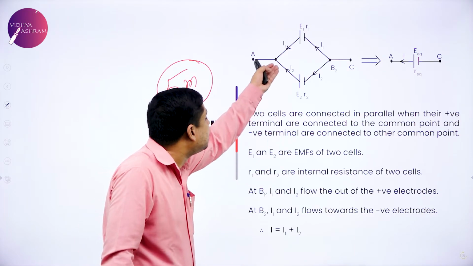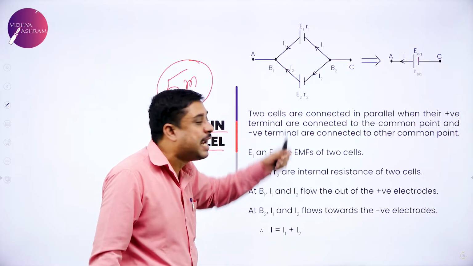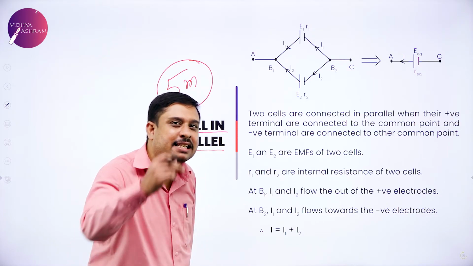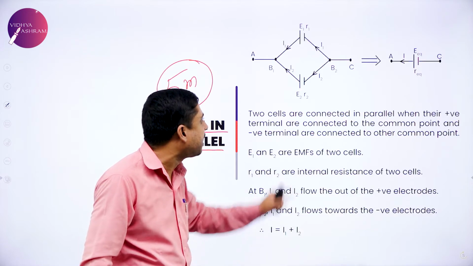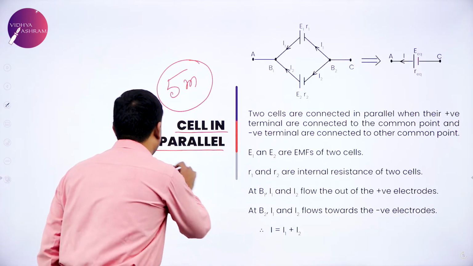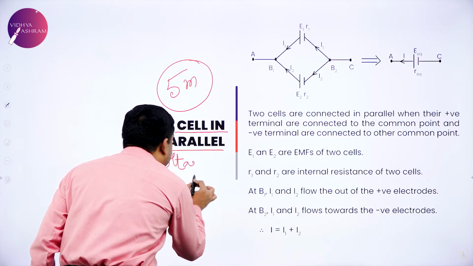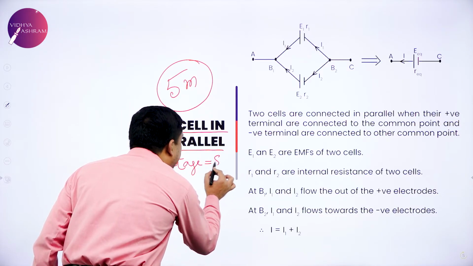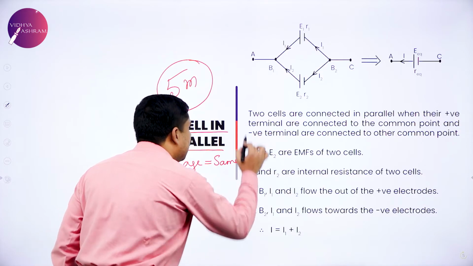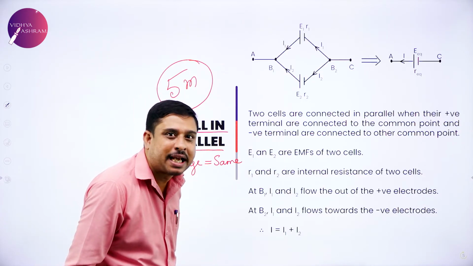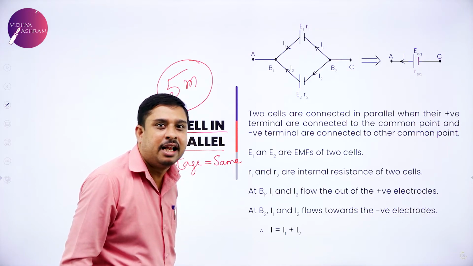Now, how do I understand that they are connected in parallel? Exactly as resistors were connected in parallel. If you observe here, the voltage across both the cells should remain the same. The same condition for resistors to be connected in parallel.